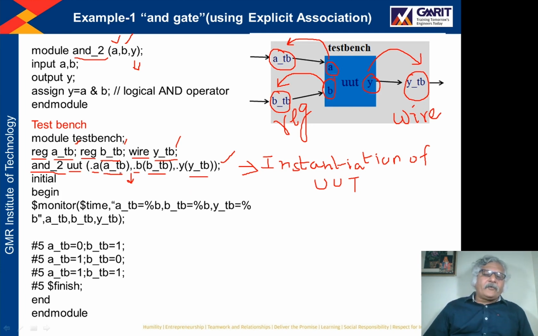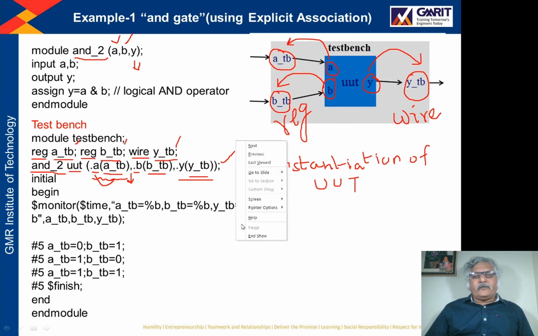In this type of instantiation, the sequence is not important. Instead of writing first dot A within bracket A_tb, you can write dot Y within bracket Y_tb. The sequence of these connections is not important, because directly we are writing that A is linked with A_tb. So this is the process of doing instantiation.